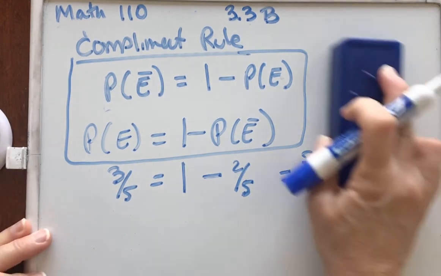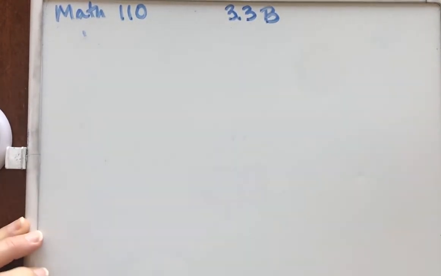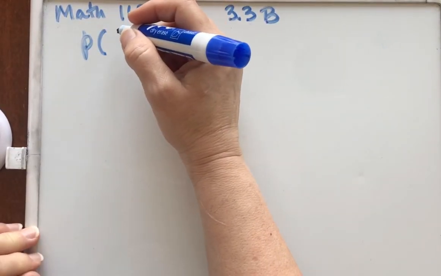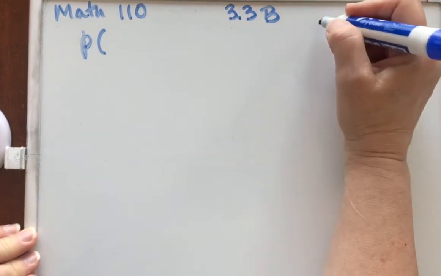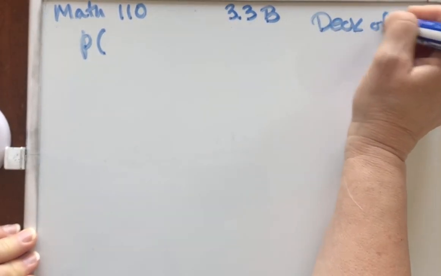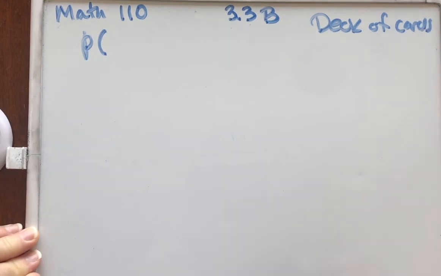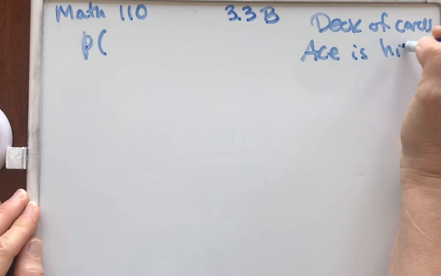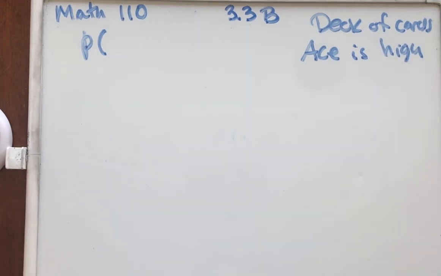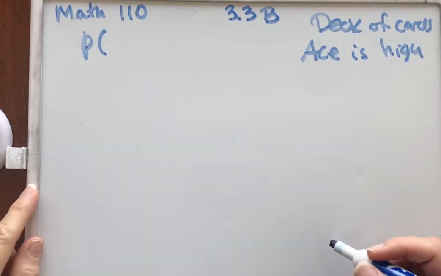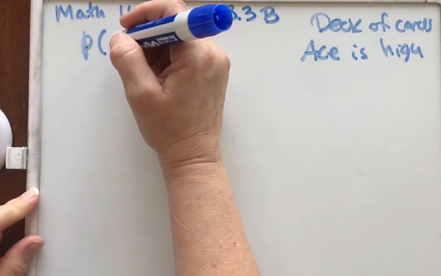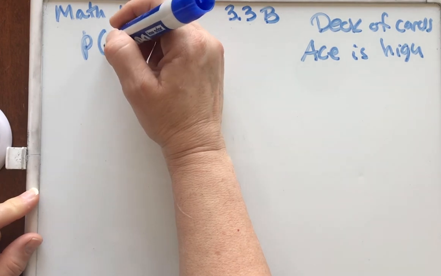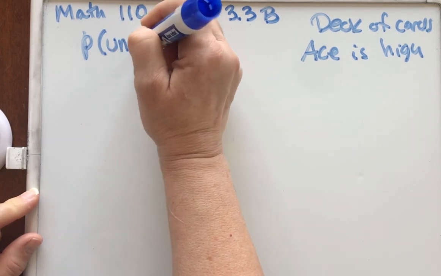Okay, so let's look at some problems. Let's look at the probability if we have a deck of cards where we're saying ace is high. Ace is high just means it comes after the king. Okay, so now we want to know the probability if we pick one card, what's the probability of that card being less than 5? I'll just say under 5.